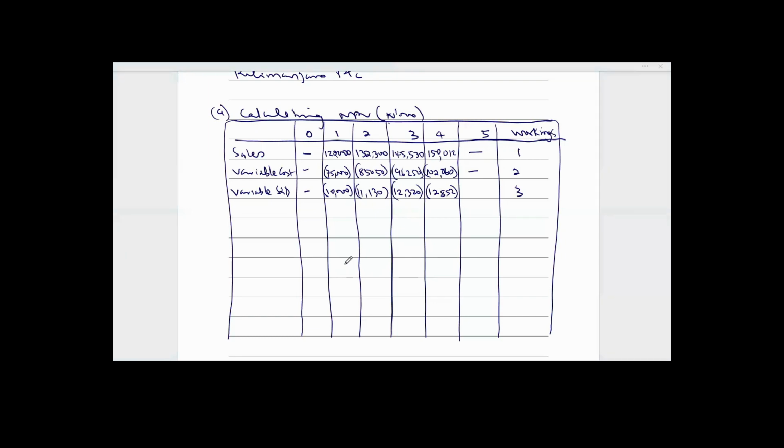The next figure we have here is a fish production cost for the year, 4 million naira. Please, I need you guys to participate. We are given fish production cost of 4 million naira. That 4 million naira, is it relevant or irrelevant?